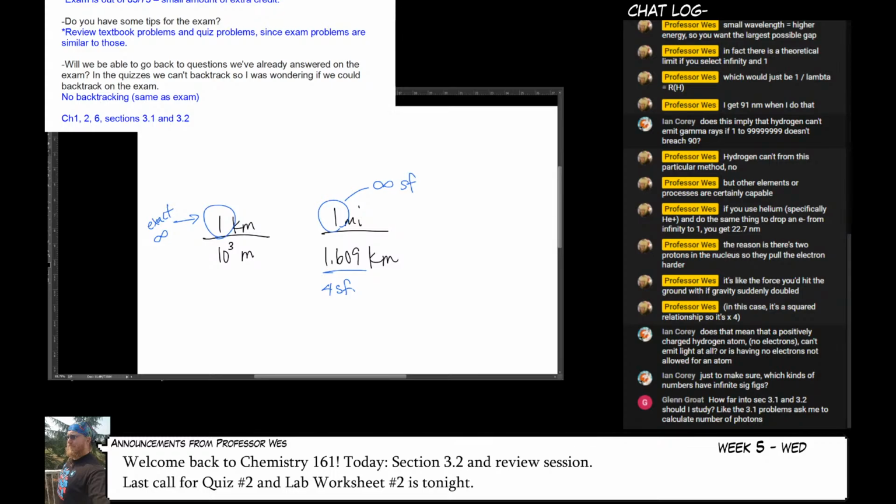If you have a question that asks you to calculate the number of photons and you want me to do it, put it in the chat and I can do it, if you have a question about it or are curious what the answer is. Photons are actually just like counting atoms. So you're just going to multiply by Avogadro's number or something like that.